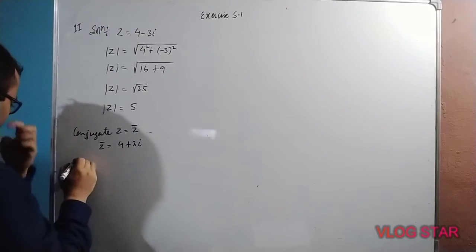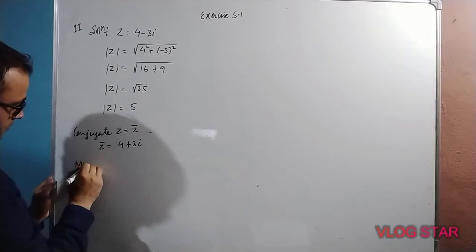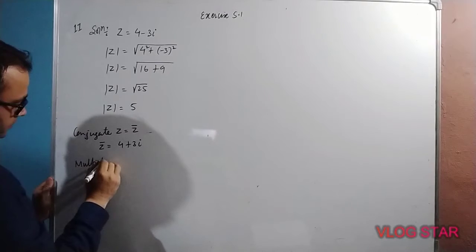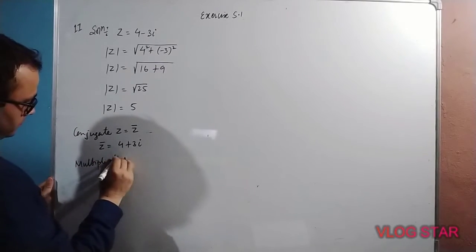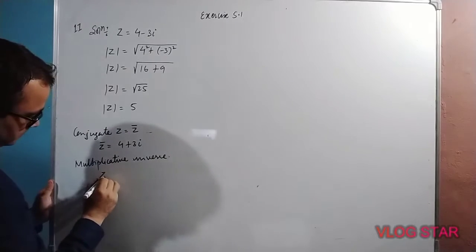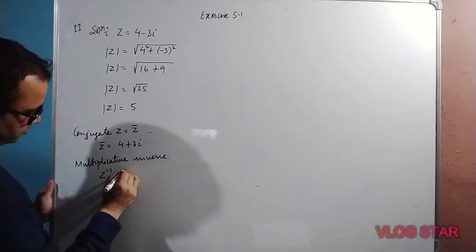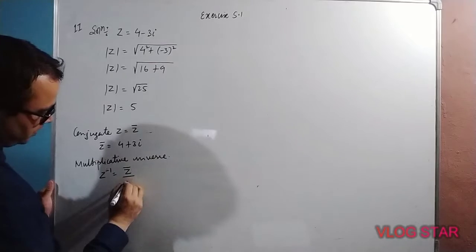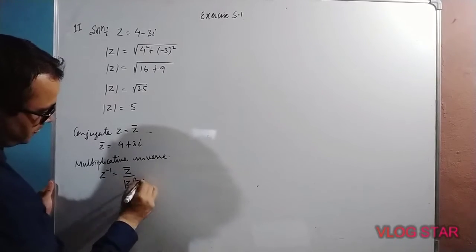After that we can calculate the multiplicative inverse. z inverse equals z conjugate divided by the square of the modulus.